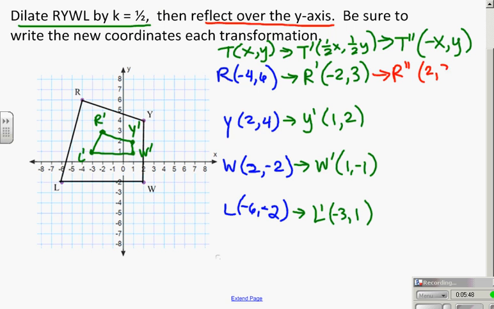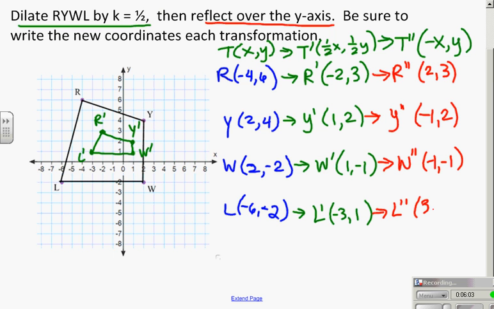And so if we do that in red, R double prime will be (2, 3). Y double prime will be (-1, 2). W double prime will be (-1, -1). And L double prime will be (3, 1). Now notice I'm applying the reflection over the y-axis rule to the prime, to the second image, to the green image.